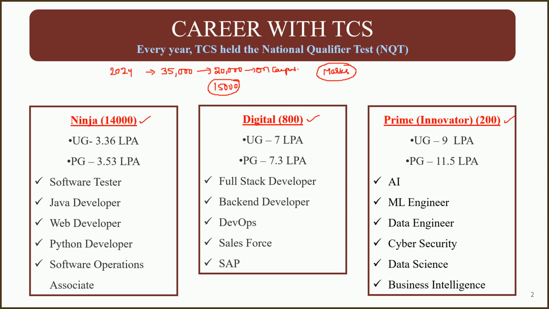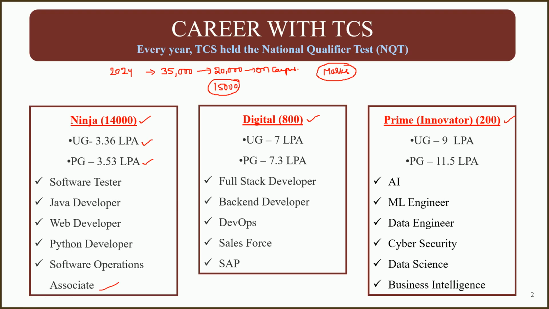If you get selected for Ninja, the package will be 3.36 LPA for UG students and 3.53 LPA for PG students. The roles offered under Ninja are software tester, Java developer, web developer, Python developer, and software operations associate.